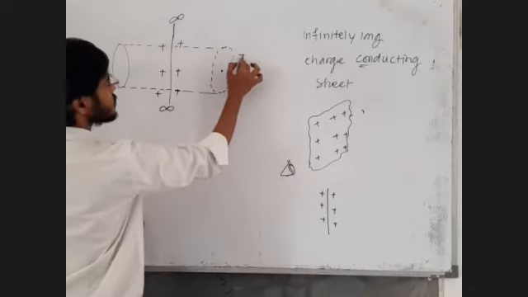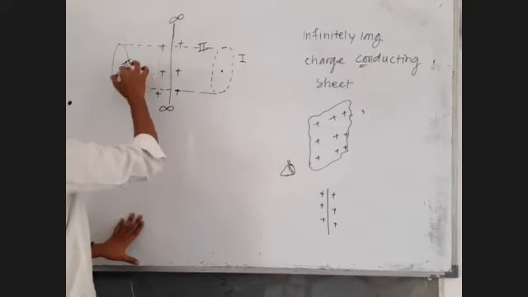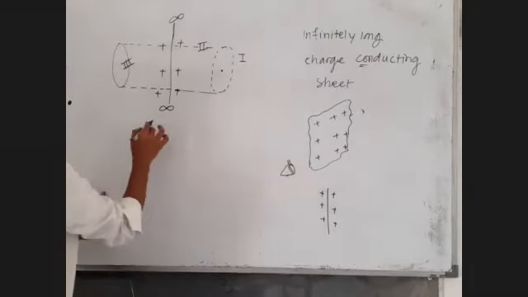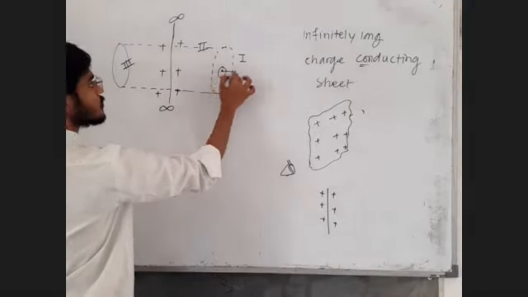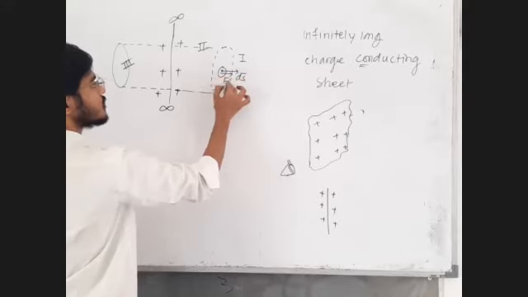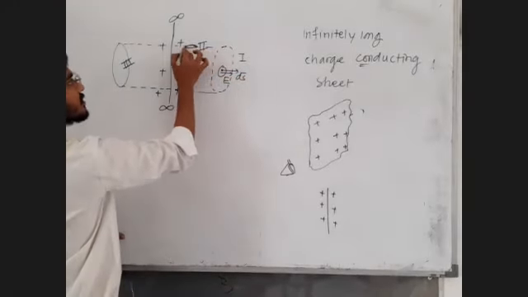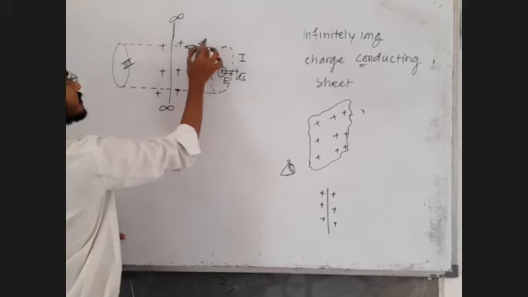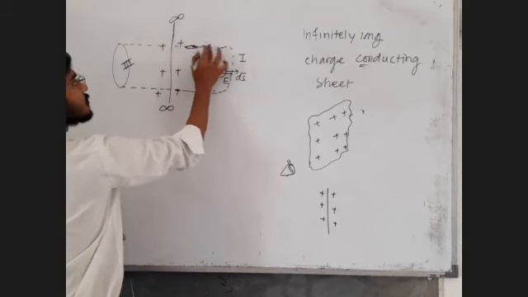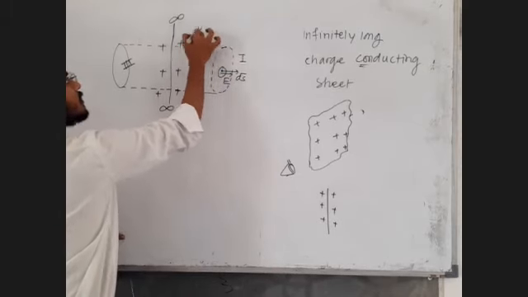Again 3 surfaces, 1, 2, 3. Very small surface ds bar, electric field also in the same direction here. Now let me draw the surface like this. I know it should be a cylinder. Electric field like this, area vector like this.